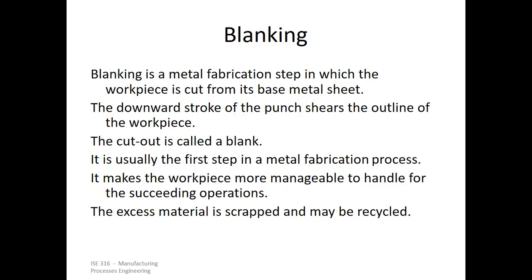Usually it is the first step in the metal fabrication process, because if you want to form a particular shape, you have to have a primary shape. How do you get a primary shape? Basically, the primary flat piece. How do you get the primary flat piece? You have to cut it from some stock of material, right? From some stock material.